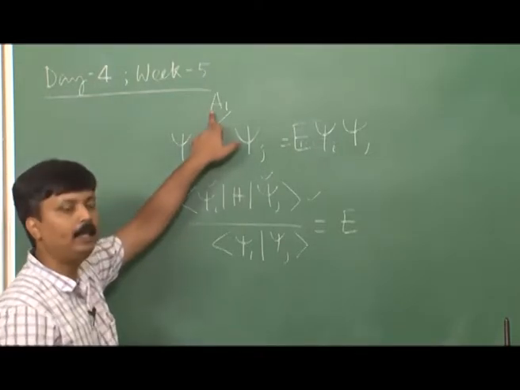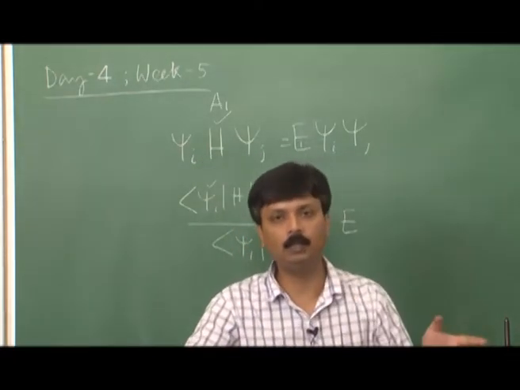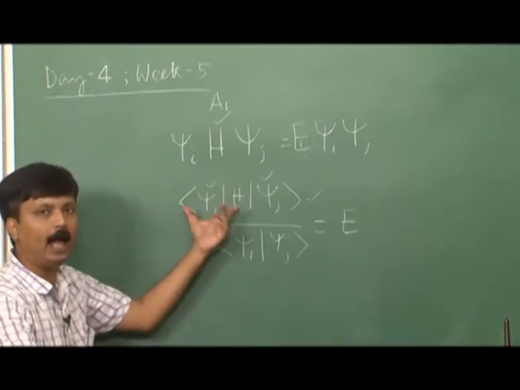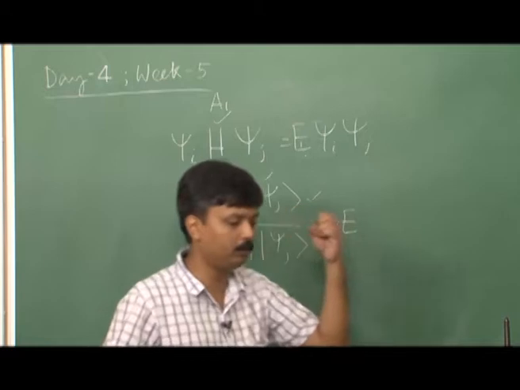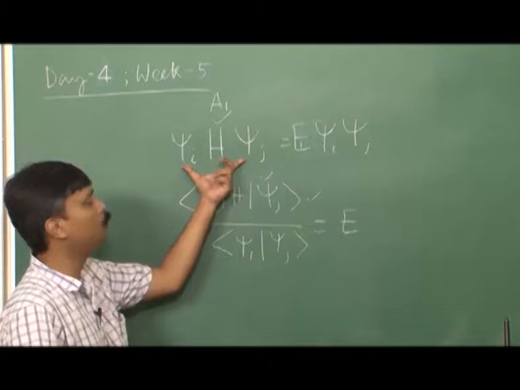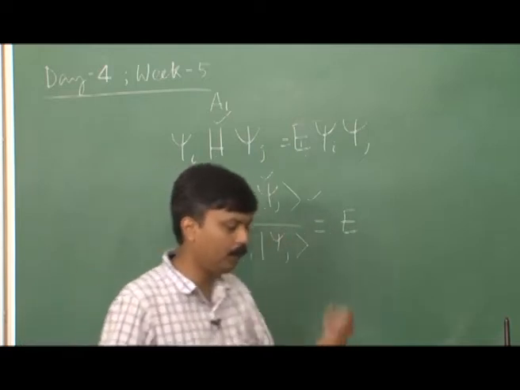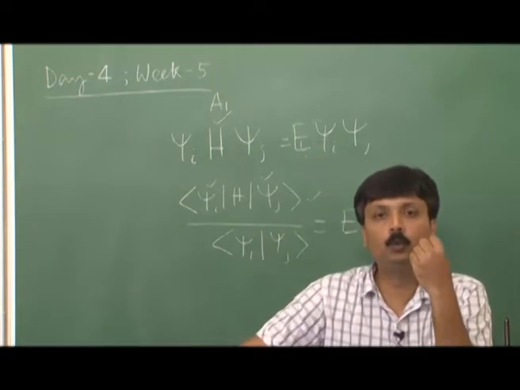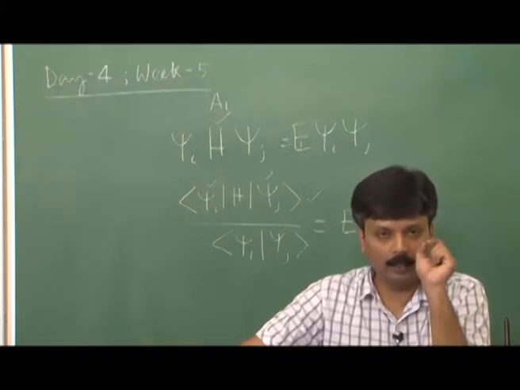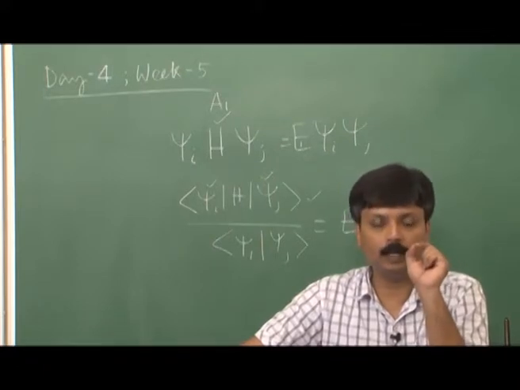Now, you multiply anything with A1 will give you back the same irreducible representation, because you are just multiplying with +1. So therefore, if this integral has to survive, what I need to have is that the direct product of psi i and psi j, meaning the direct product of the irreducible representations to which psi i and psi j belong, should either yield the totally symmetric IR or should contain the totally symmetric IR.